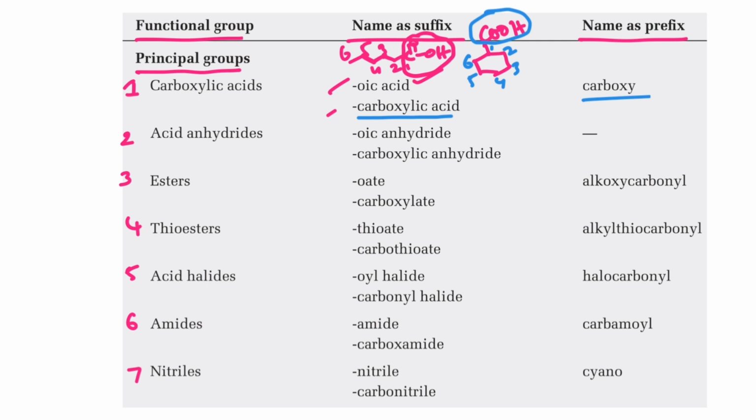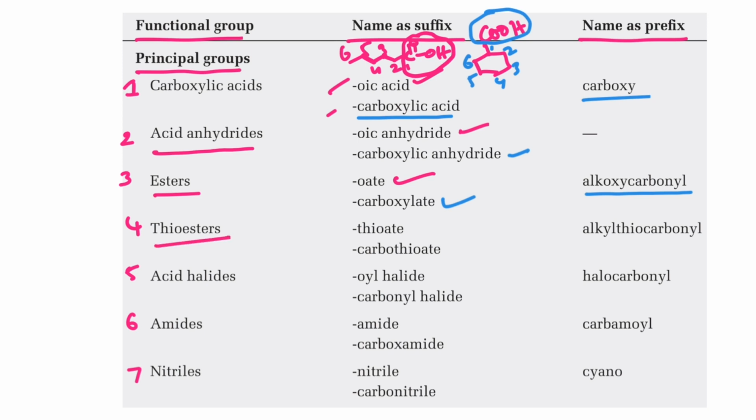Now keep in mind, the next is acid anhydride. The first name is oic anhydride, meaning carbon counted, and the second name is used when carbon is not counted. Blue color is not counted, pink color is counted. Then oate means ester. Oate means carbon counted, carboxylate means carbon not counted. Its prefix name is alkoxycarbonyl.